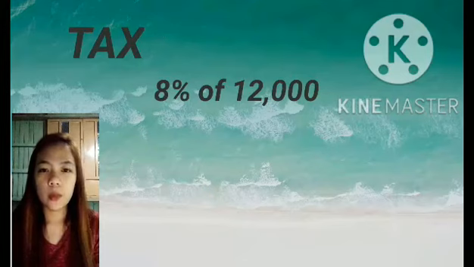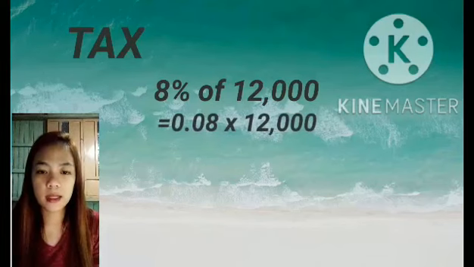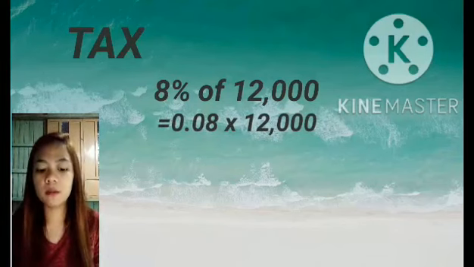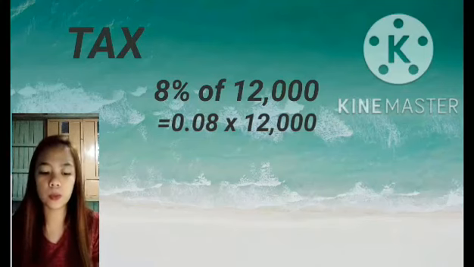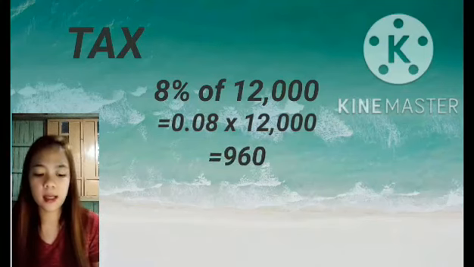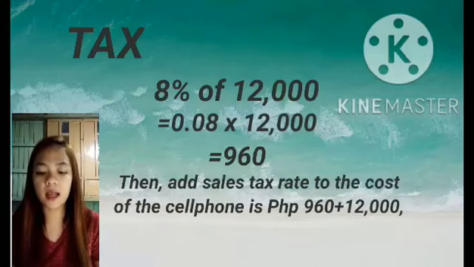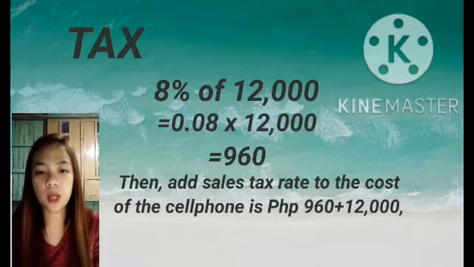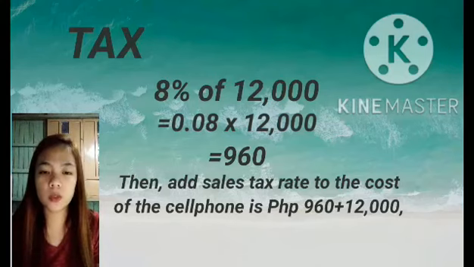Then, we need to convert the 8% into decimal, so 8% is 0.08. 0.08 times 12,000 pesos is equal to 960. Then, add the sales tax to the cost of the cell phone, which is 960 pesos plus 12,000 pesos, equal to 12,960.